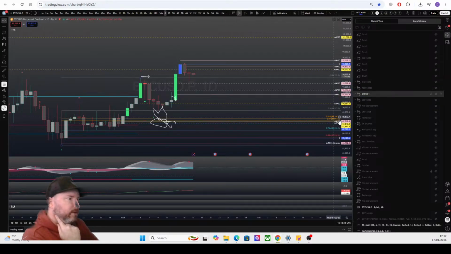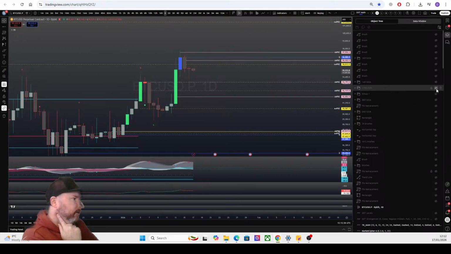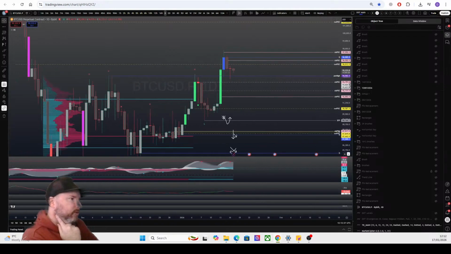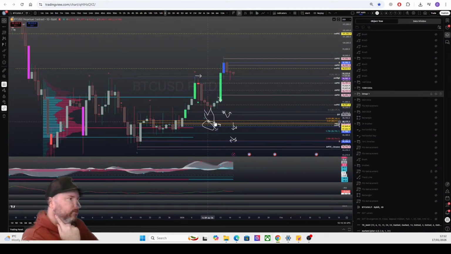Still watching this 88k level. I've got lots of confidence there. And then I was watching a few levels below, but this POC and these levels here, did I put them in group 1? Yeah, kind of.